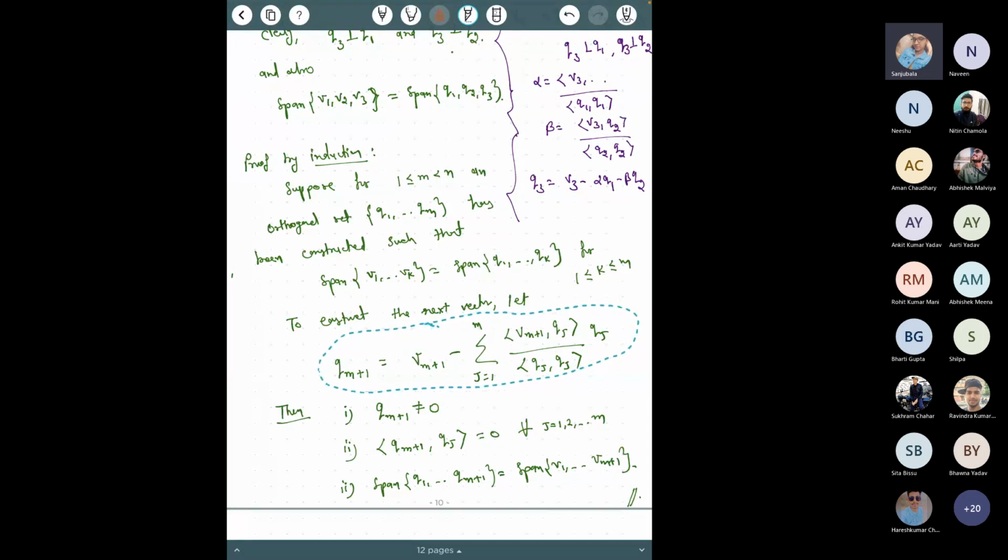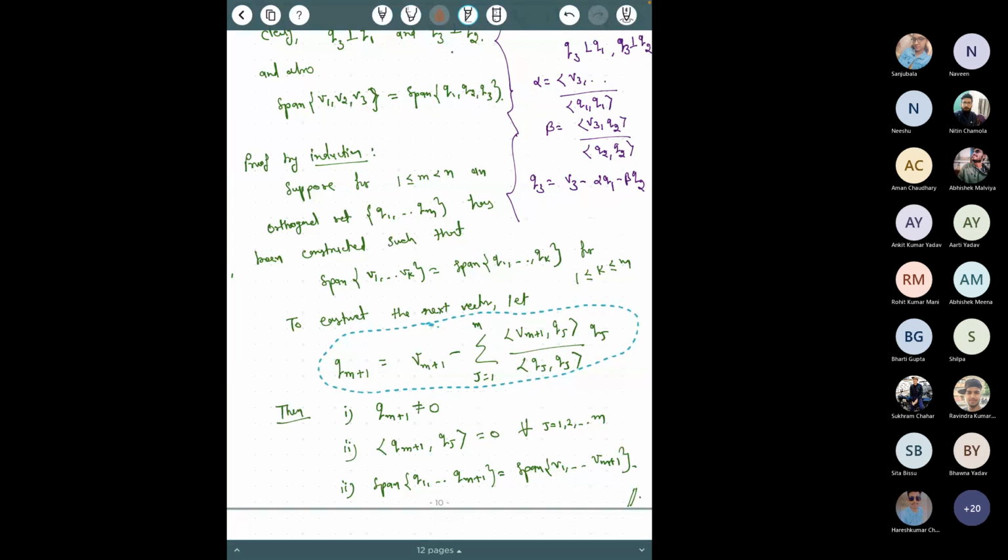Sir, qm plus 1 equals 0, because vm plus 1 is the linear combination of... Okay. So your answer is correct, but the justification is not very clear.